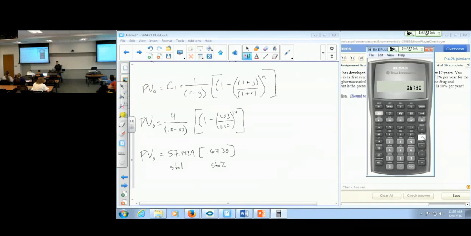So on the calculator, do you do 1 minus open parentheses 1.03 divided by 1.10 close parentheses to the 17? That's it. Yes, exactly right. Yeah, I type it in exactly as it's written there. Yeah, you got it.